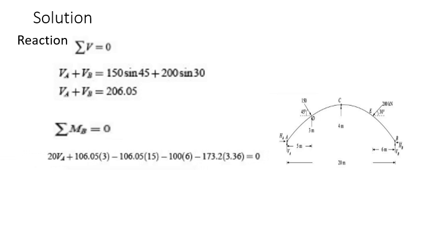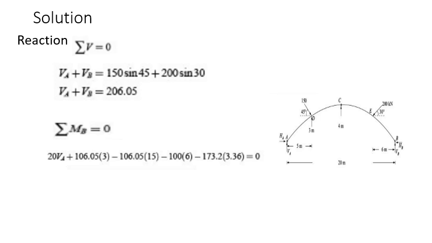VA into 20 plus 106.05 into 3, and minus 106.05 into 15, that is the moment of the horizontal component and the vertical component, minus 100 into 6, that is the vertical component of the 200 kilonewton force, minus 173.23 into 3.36.